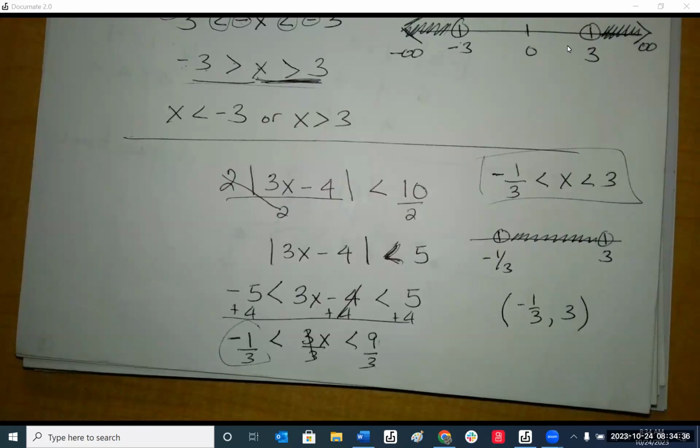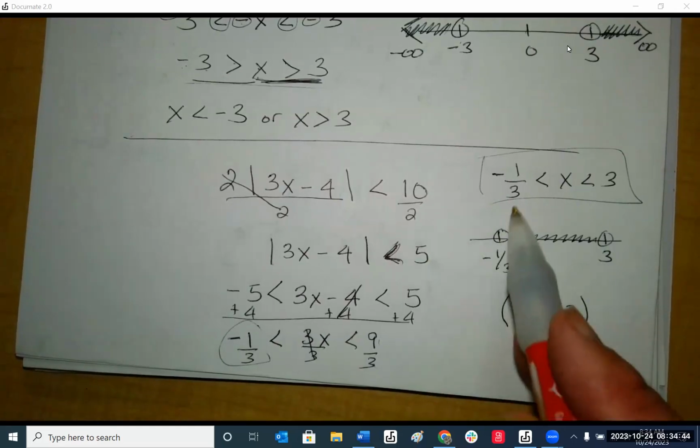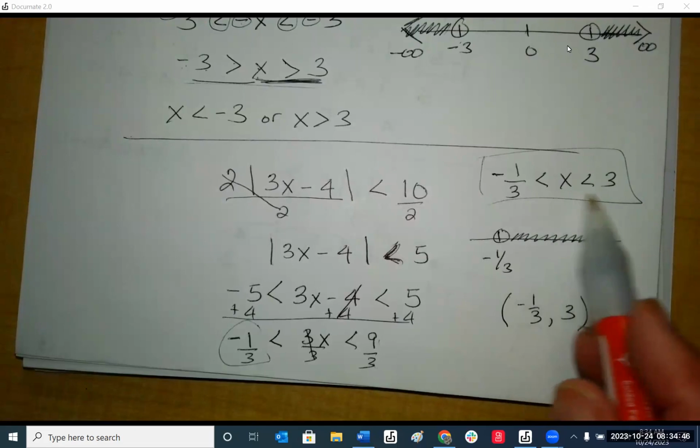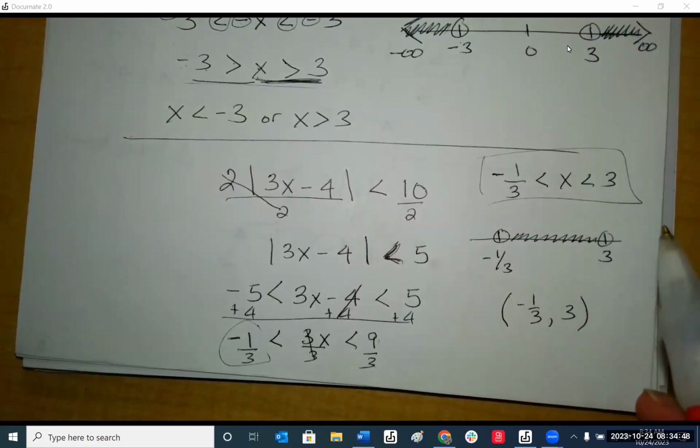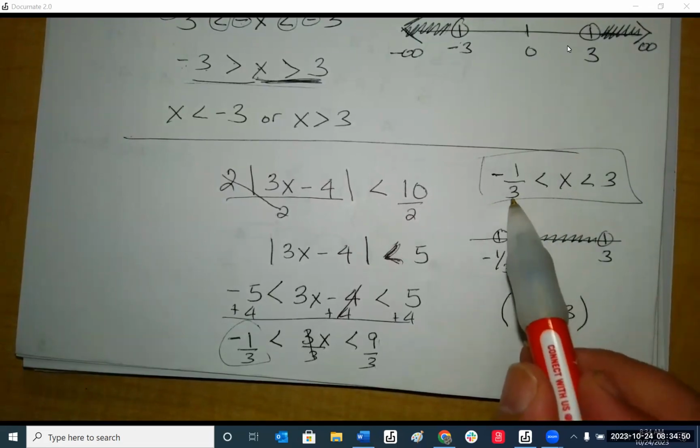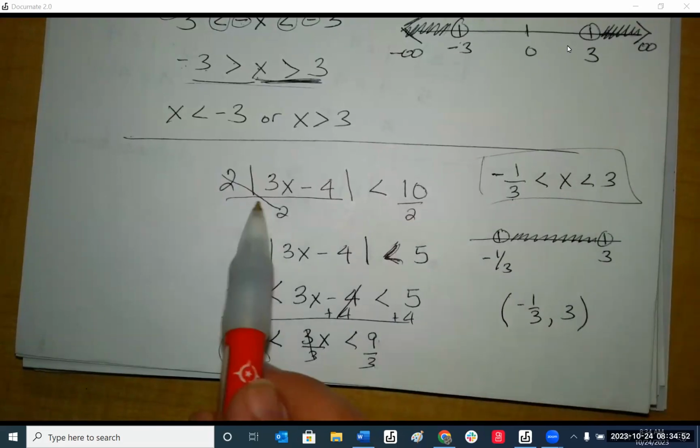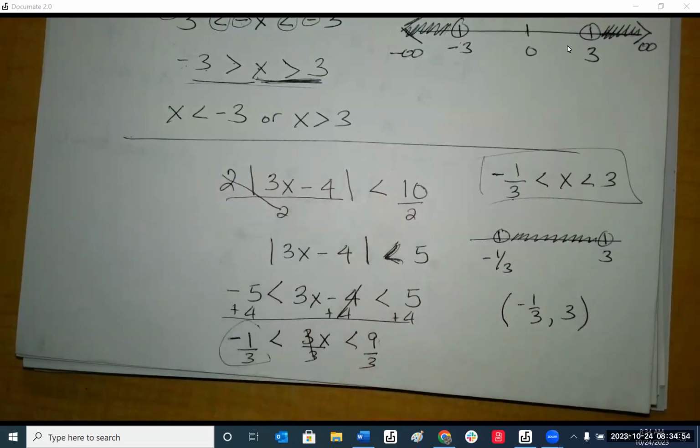And then what do we do there? Are we sure these are good answers? We have to check our answers. We have to check at negative 1/3 and 3 in the original equation, see if it gives us a true answer.